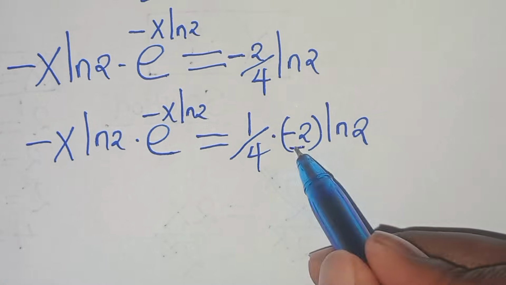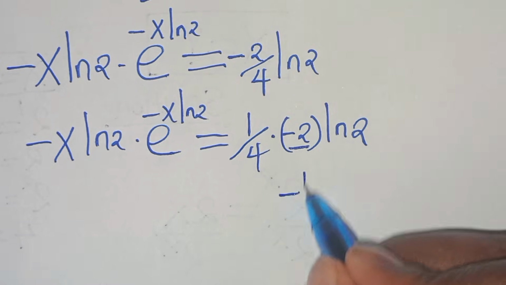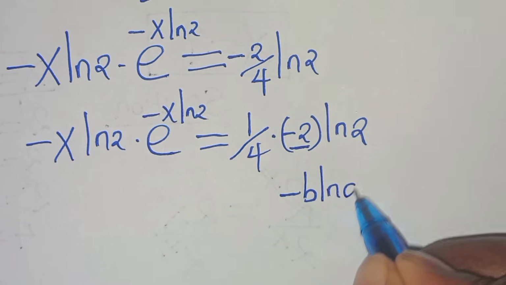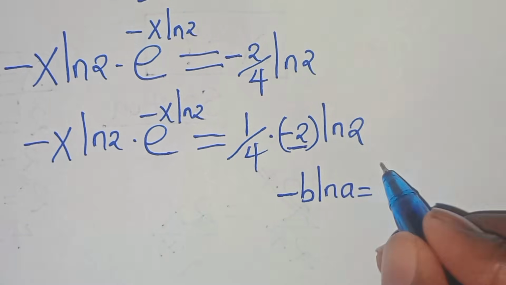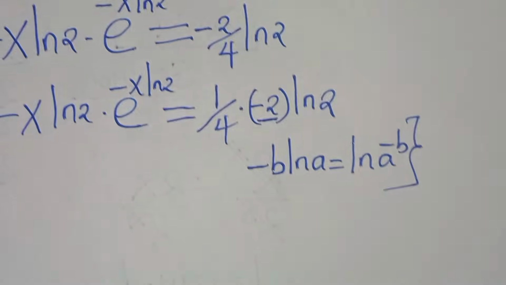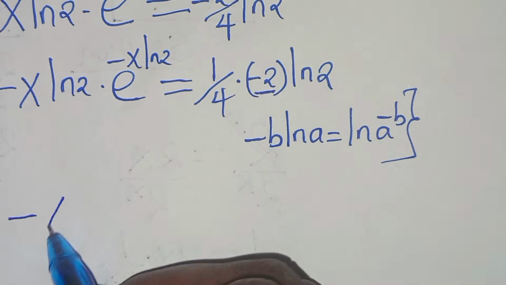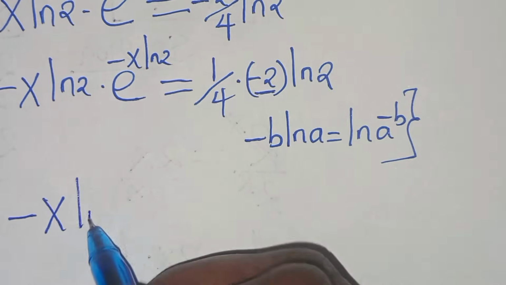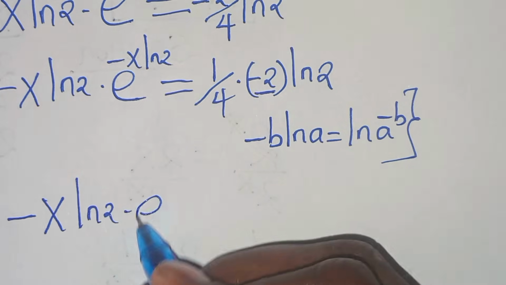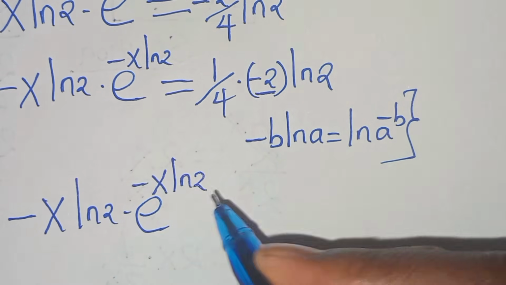So this is a power. This is in the form of minus b ln of a, which can be expressed as ln of a to the power of minus b. Applying this property, then we have on the left hand side minus x ln of 2 times e to the power of minus x ln of 2.